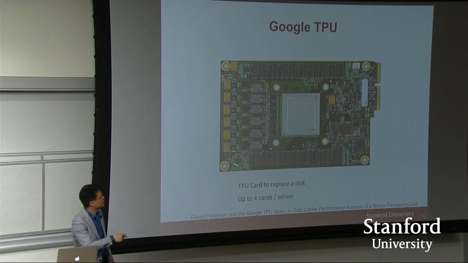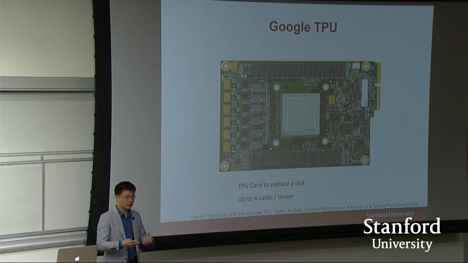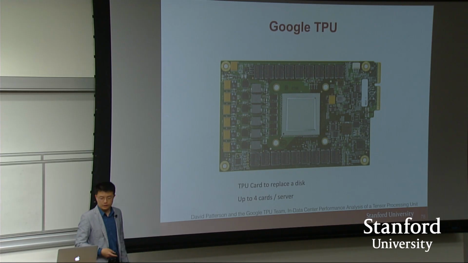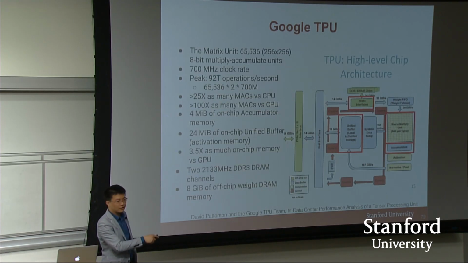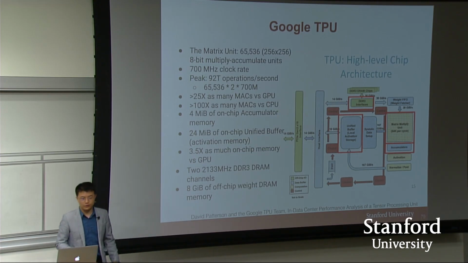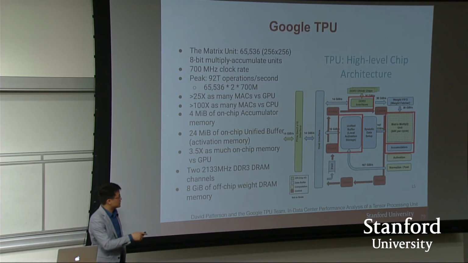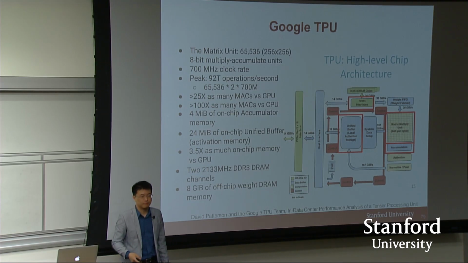So this is what the TPU looks like. It can smartly be put into a disk drive slot, up to 4 cards per server. And this is the high-level architecture for the Google TPU. Don't be overwhelmed. The kernel part here is this giant matrix multiplication unit.